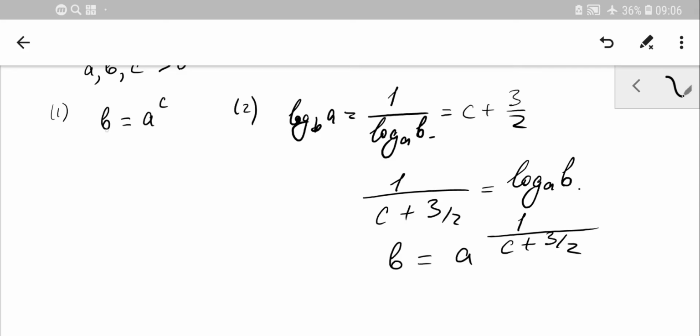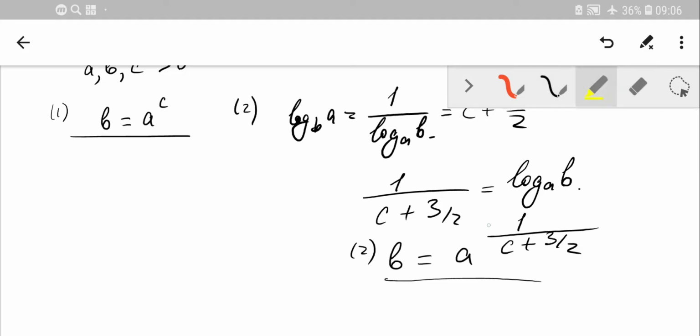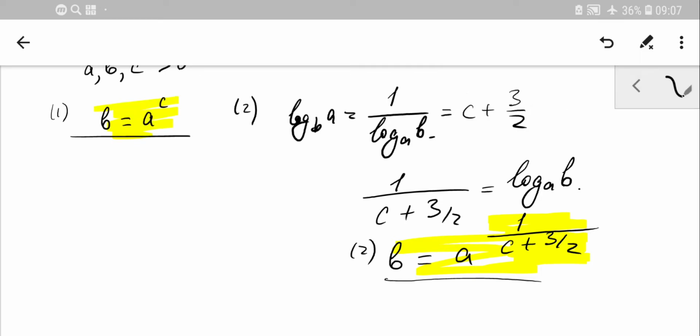From the first one, B equals A to the power C. From the second one, we have B equals A to the power 1 over C plus 3 over 2. So we can equate them.